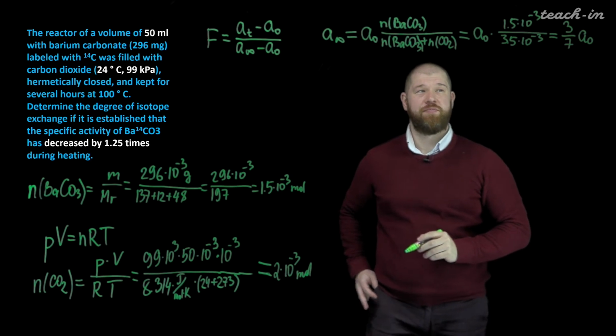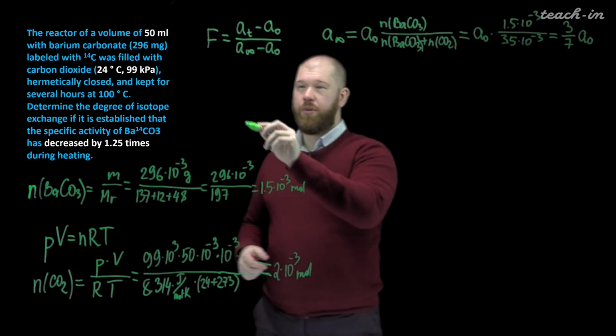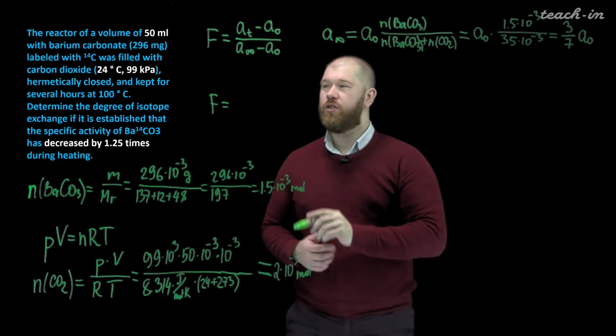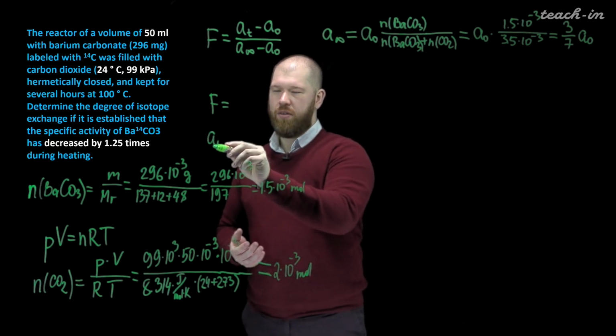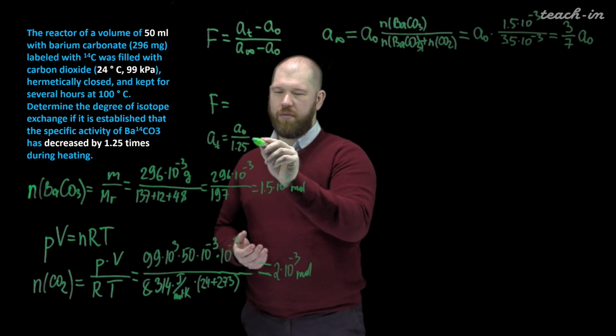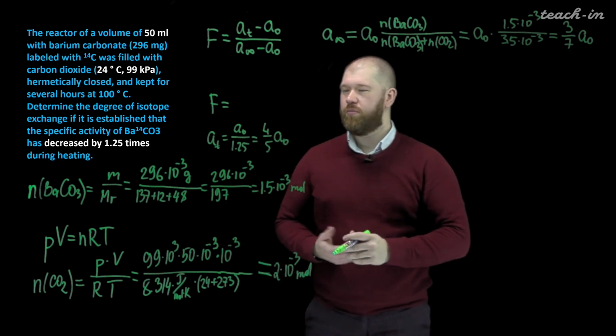Something like this. Now we can calculate the degree of isotope exchange. So AT, it is A0 divided by 1.25. So it is 450.